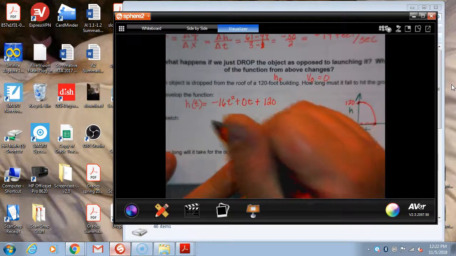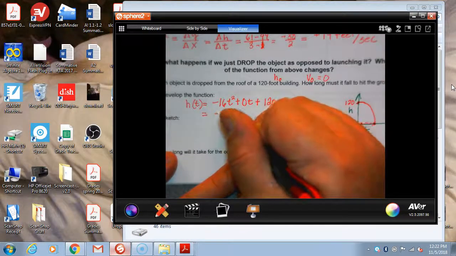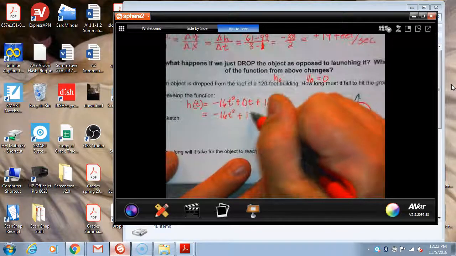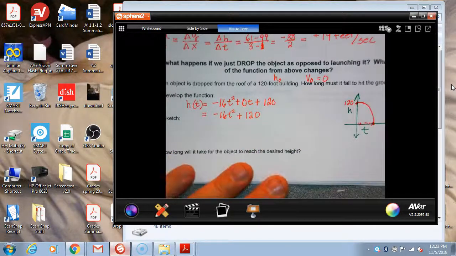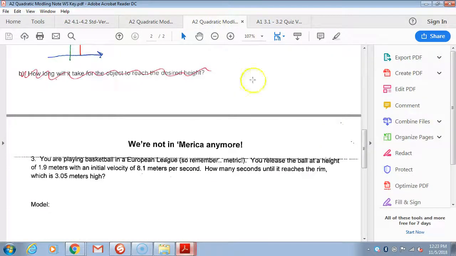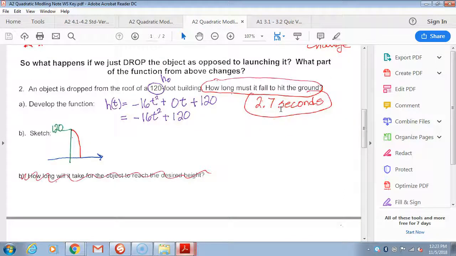So we get negative 16t squared plus 120.